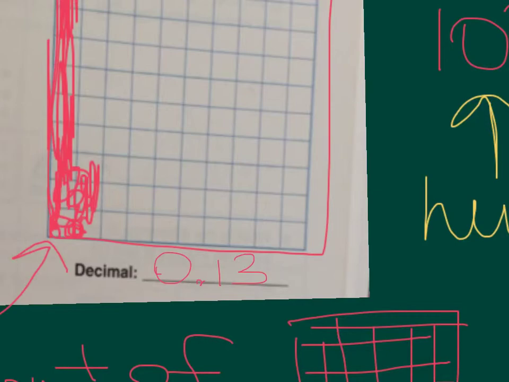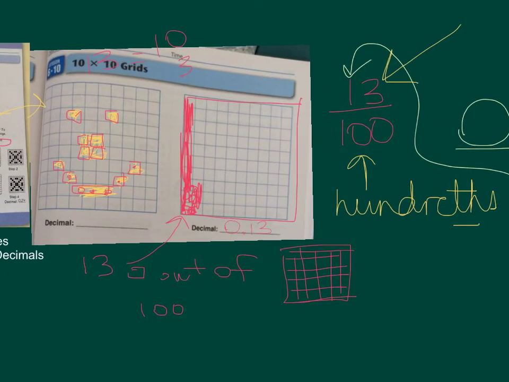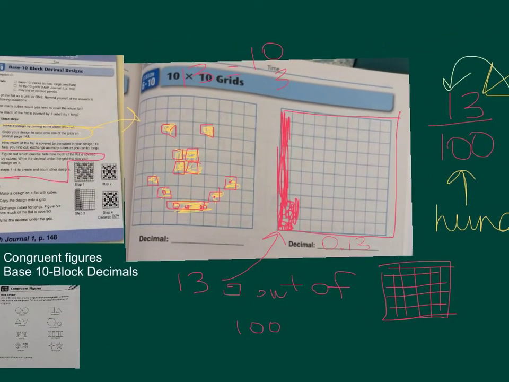Okay? Now, in my example here, I did a smiley face on this one right here, and then I did the same on this one. I will challenge you to try and do the decimal from just your design, because we don't have the actual blocks to set it up.